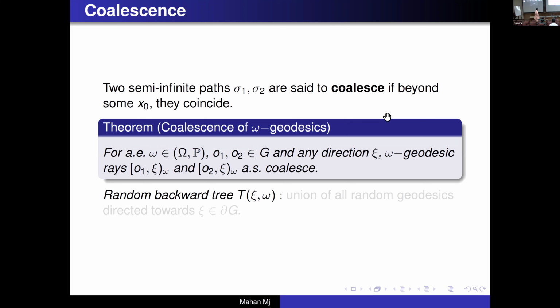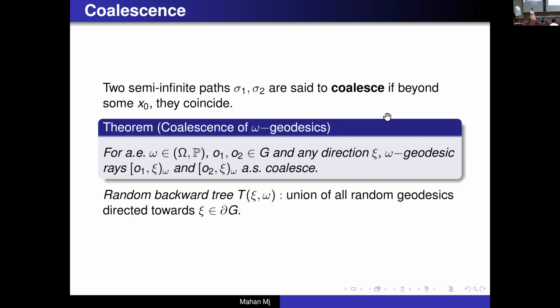Okay. So now you have this key feature, which is this random backward tree. Given any xi, you look at all geodesics coming in from the bulk. Those give you a tree in the space. So if you fix your point xi at infinity, the random geometry of geodesics towards that is that of a tree.